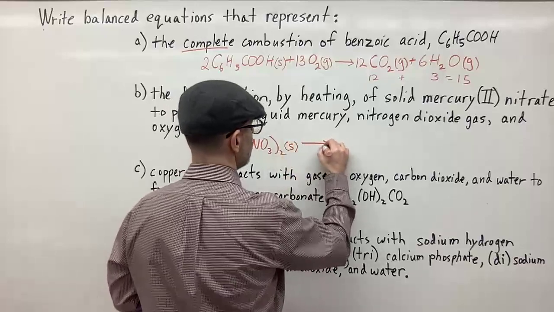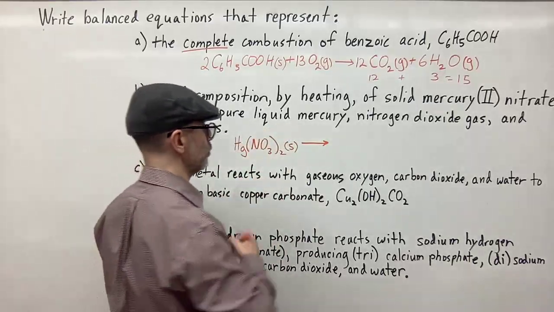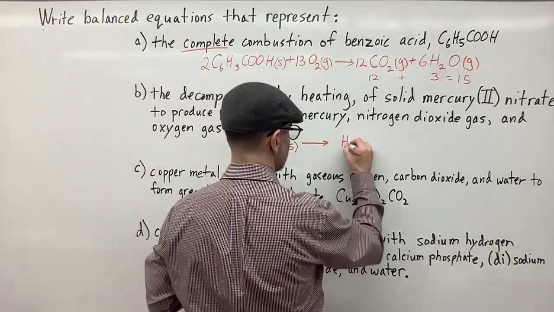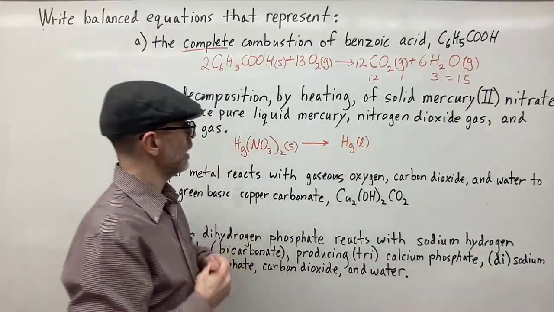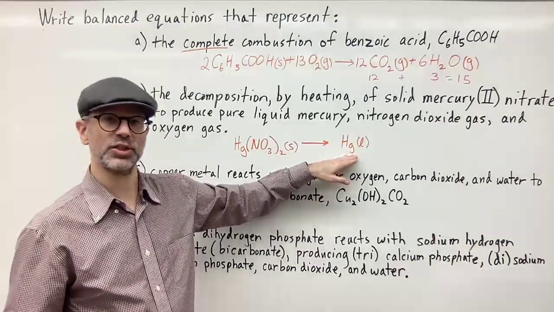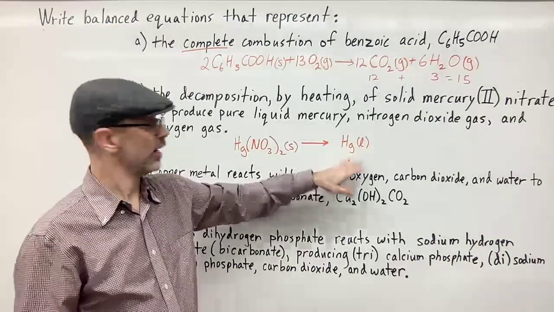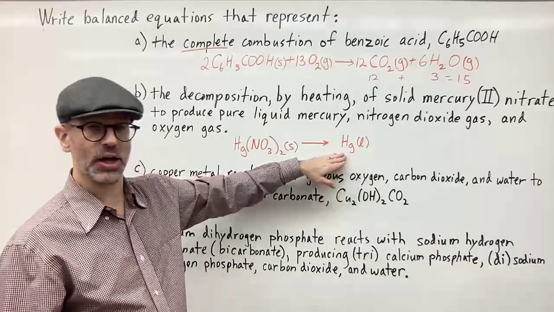And that's going to break down into liquid mercury, pure liquid mercury. So that's going to be Hg liquid. Elements by themselves, unless it's one of those diatomic elements or phosphorus or sulfur, are only going to exist as a single atom here, not as a molecule.